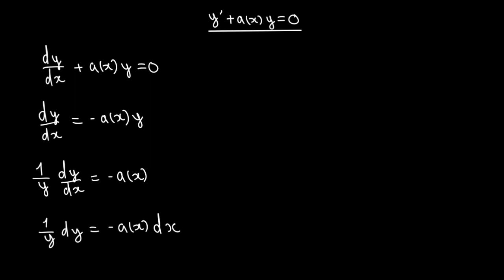So let me show you what I mean. So now we can integrate on both sides. But on the left-hand side, we integrate with respect to y, because here we have a dy and not a dx. And similarly, on the right-hand side, we integrate with respect to dx.